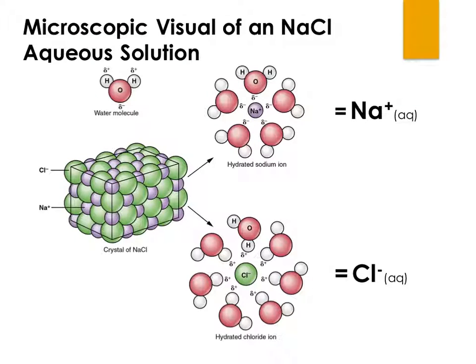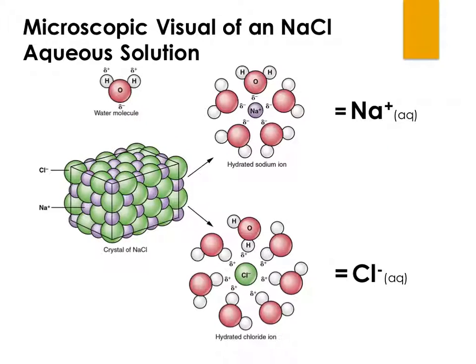So let's look at a microscopic visual of what happens when we put sodium chloride in water to form a sodium chloride aqueous solution. So here's my salt crystal as it starts, and it's dry, and I add water, and my water's here. Water's a polar solvent. In other words, it has a more positively charged end and a more negatively charged end due to the electron shift in the molecule.